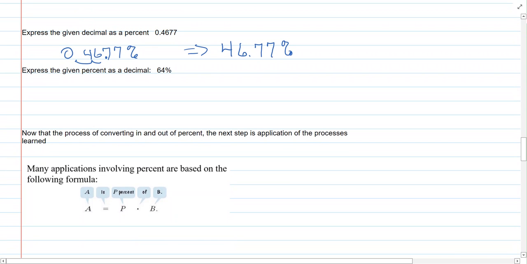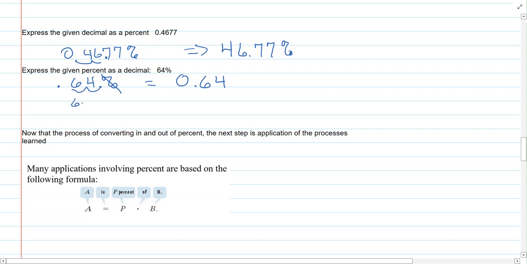Now this one says, express the given percent as a decimal. And now we're going to work in reverse. If I have the 64%, I cancel that. The decimal's at the end of a whole number, so move it to the left 2 places. Then I have the decimal value of 64 hundredths.